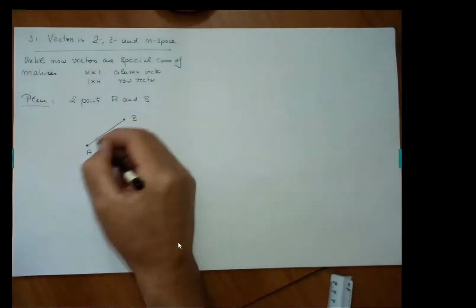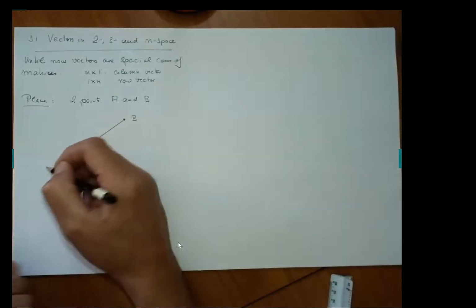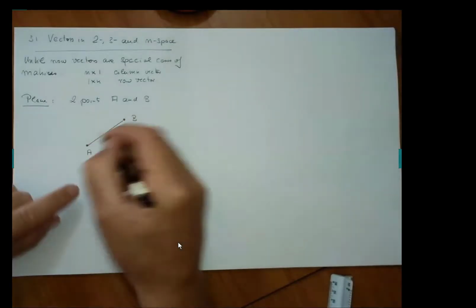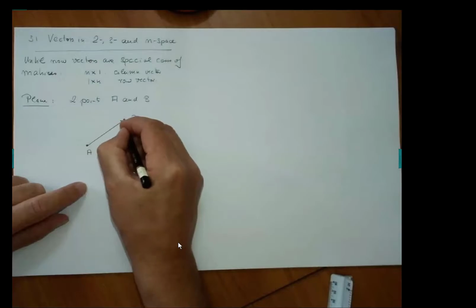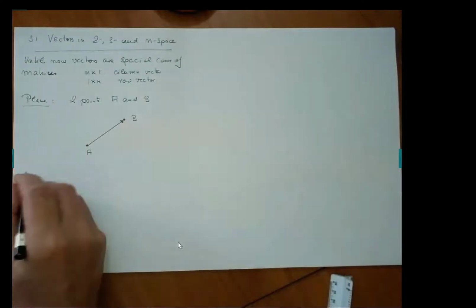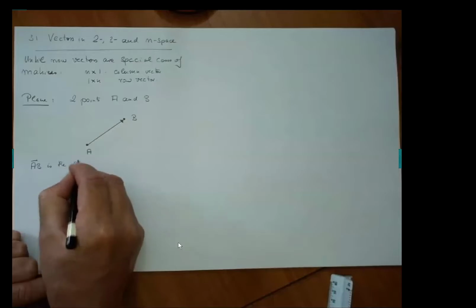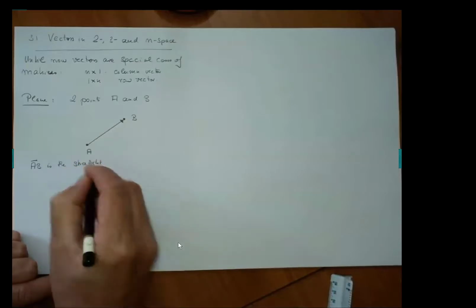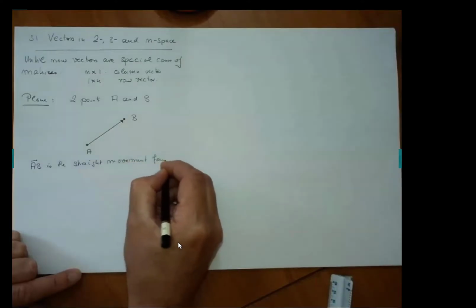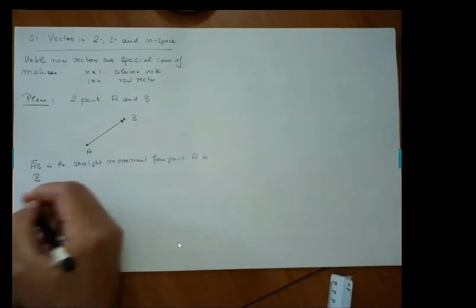And besides this section of the line which connects A and B, we also give it a direction. So it's important if you go from A to B or from B to A. And we indicate this, for example, with this kind of arrow, which means we go along this line from A to B. So AB is the straight movement from point A to point B.